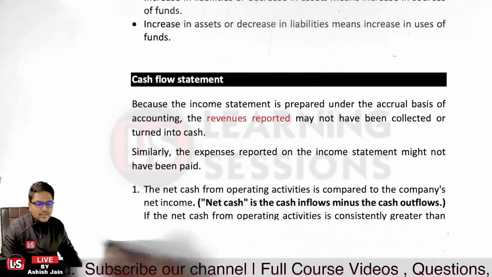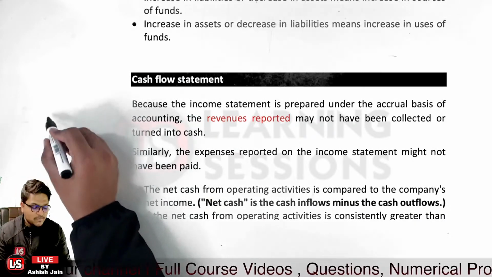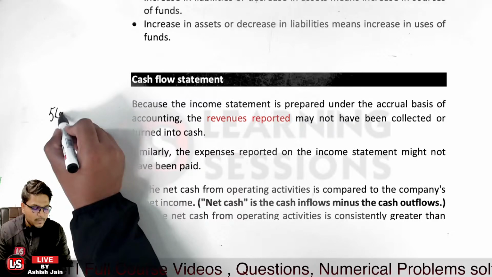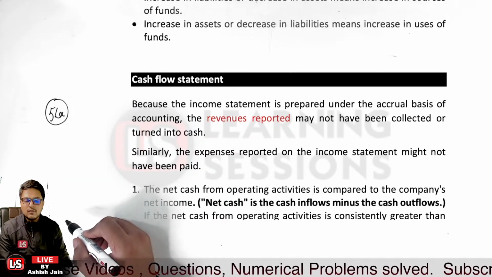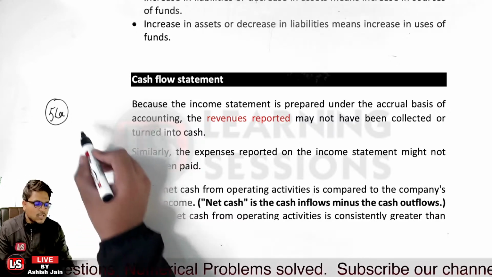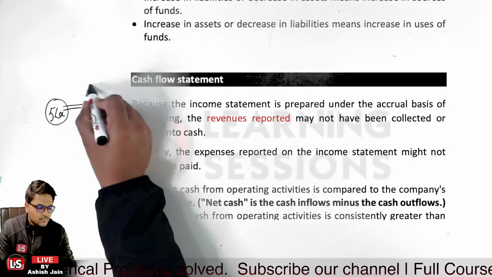So if I say I am having net cash, net inflow and net outflows, that amounts to 5 lakh rupees, and further that is compared with the actual income, which I mentioned as rupees 2 crore.